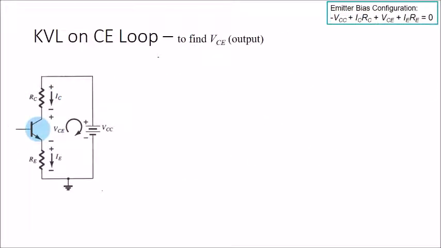For the CE loop, it's totally the same as the emitter bias configuration, so I can just proceed with the KVL here.